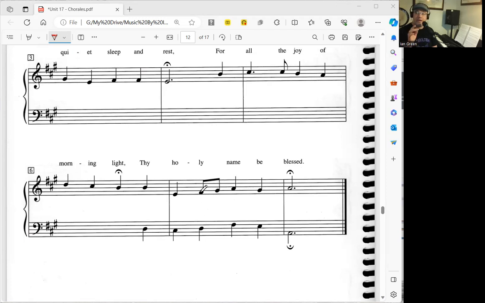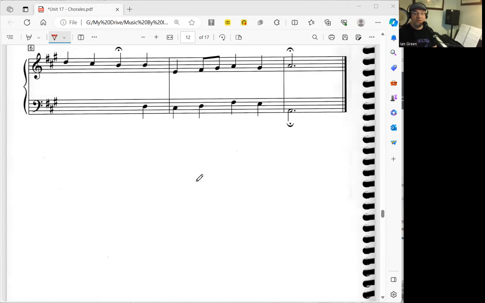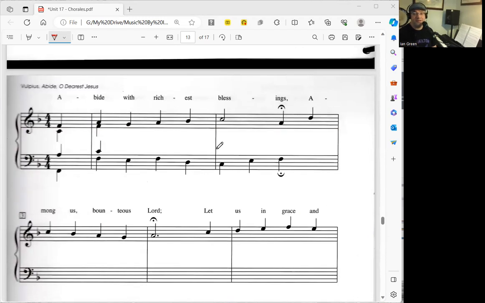When a person sings the word "holy" in "holy name," please excuse my singing, you can hear how you use the same syllable for two different notes. But when the rest of the choir sings the other parts, they would harmonize nicely and the text would be consistent. So text is very, very important when looking at any of these examples.